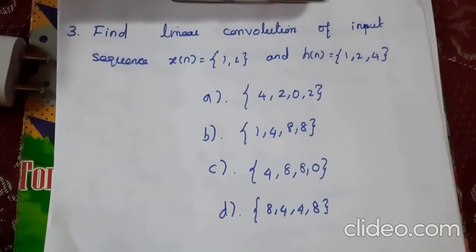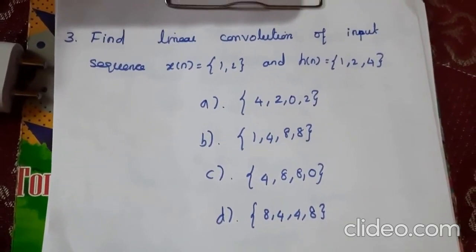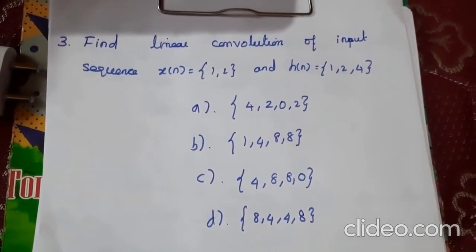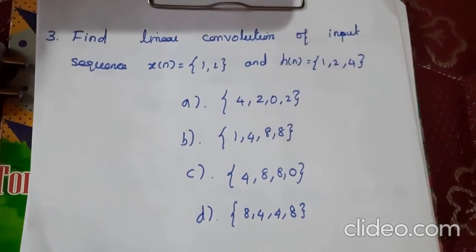Next question: find the linear convolution of the input sequence x of n equal to 1, 2 and h of n equal to 1, 2, 4.